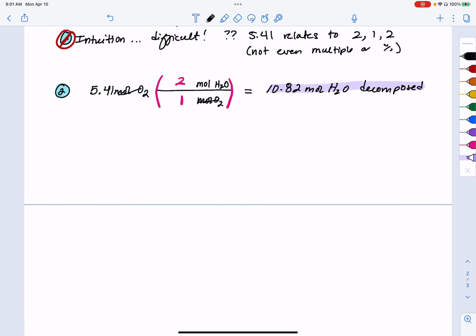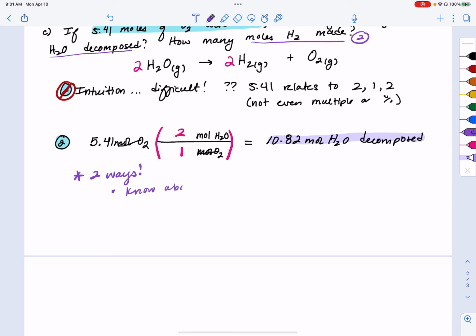And now let's look at moles of H2 made. Now this is fun because we have two ways to do this. We could do this based on what we know about the H2O and H2 mole ratio.